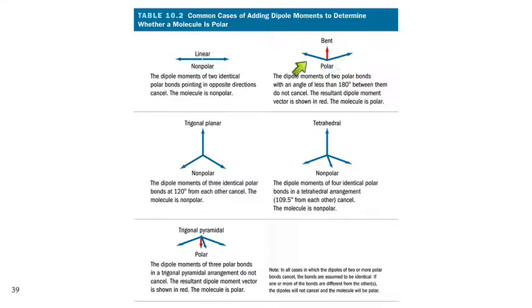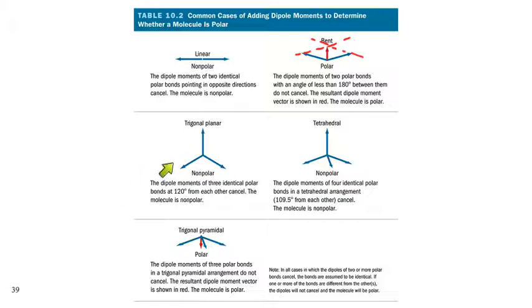If you have a bent structure with polar bonds, you're going to get a net dipole because they're not in exactly opposite directions. When we add those together, we have that red one that's going straight up. That's the situation with water.